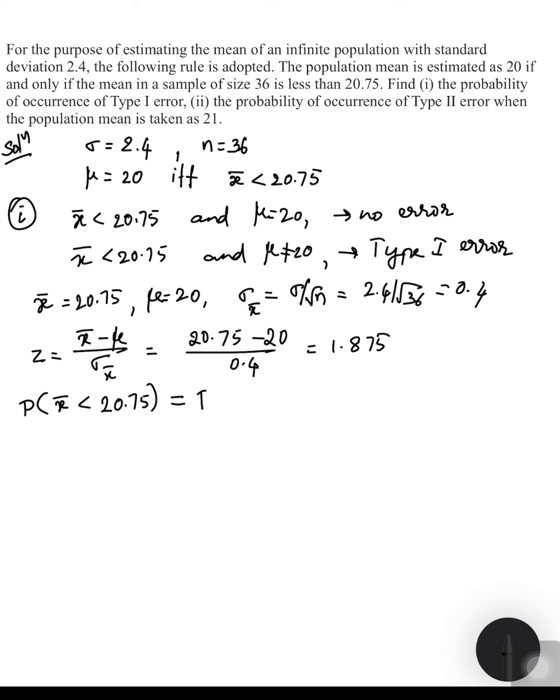It is equivalent to the probability of z less than 1.875, which is F of 1.875, found to be 0.9696. Here there is no error. If x bar is less than 20.75 and mu is equal to 20, there is no error at all.